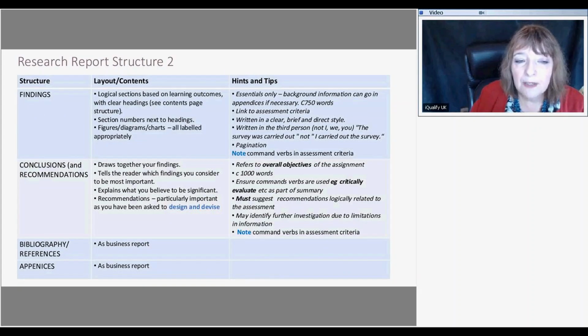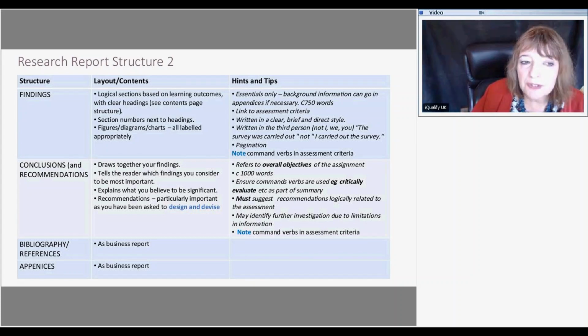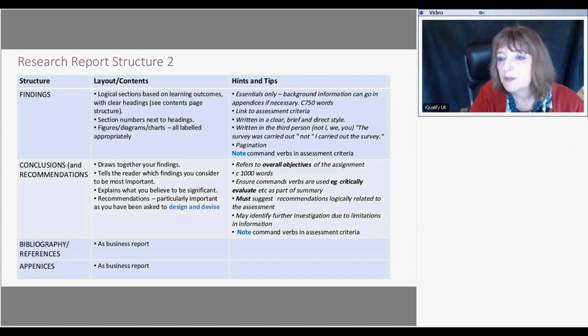So your research report then carries on from the literature review and the methodology to doing findings. That would be the main body of your ordinary report, but this is the findings section. So there are logical sections based on learning outcomes, and you can use figures and diagrams.